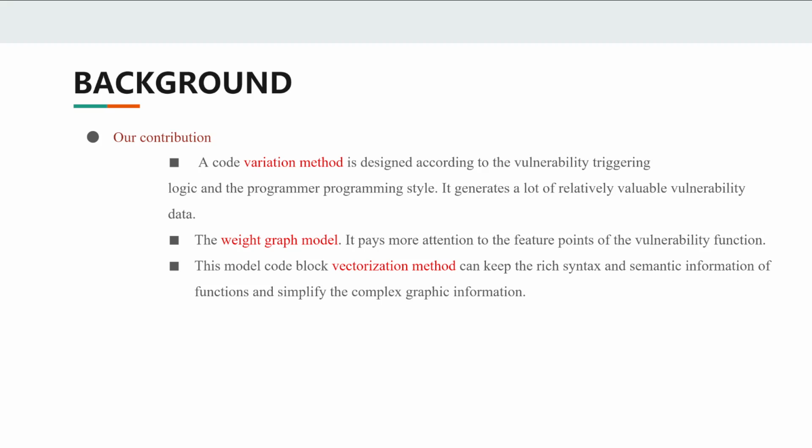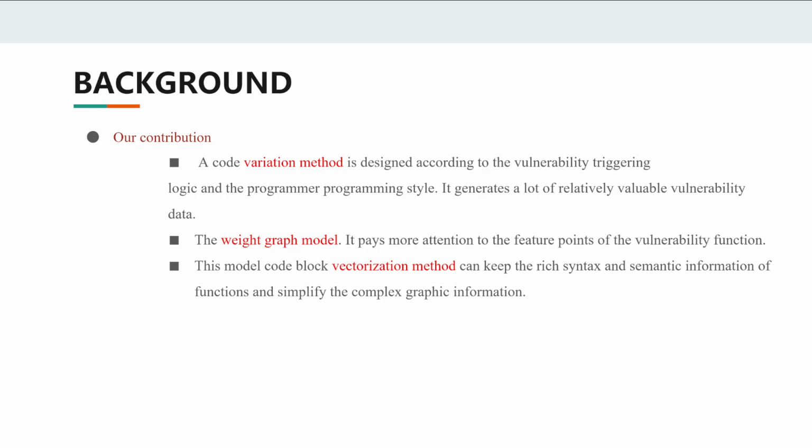Based on the method of code similarity detection, we propose a vulnerability detection model, and our contributions mainly include three aspects. Firstly, according to the vulnerability triggering logic and programming style, a code variation method is designed.